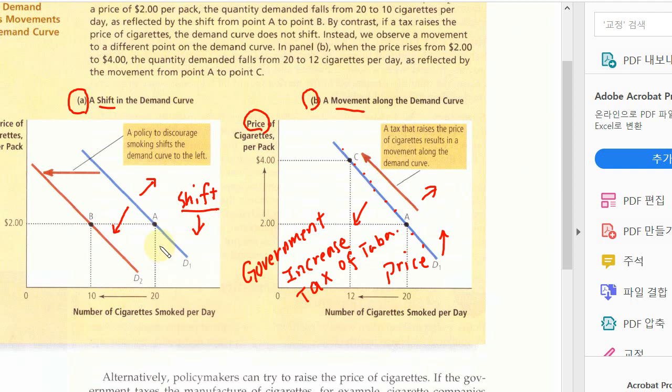Which makes the shift, I'm sorry, not movement, the shift. In this case, it can be induced by things like advertisement and campaign.